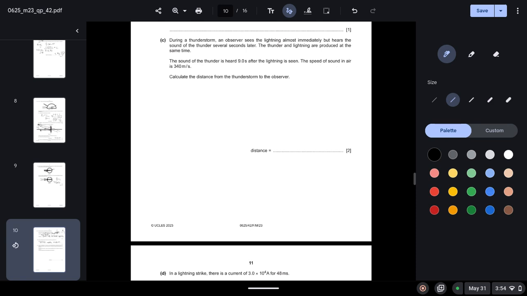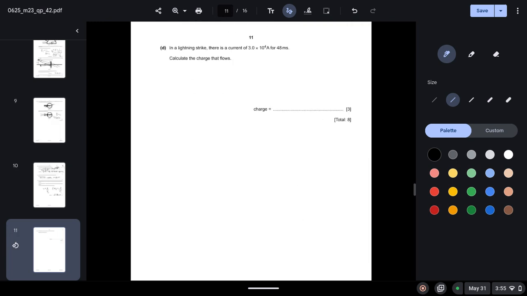So we have the formula: speed is equal to distance upon time. They have given us the speed, which is 340. They want to calculate the distance. The time they have given is 9 seconds. So just plug this in your calculator. You will get the answer as 3060 meters.